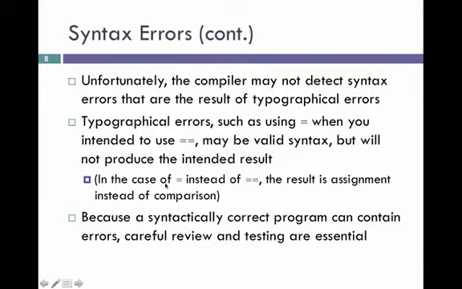So in the case of if you use an equals instead of the comparison, then you'll just make an assignment statement, and perhaps that'll evaluate to true, and the compiler will accept it and do what you told it. It doesn't know what you meant. So a program can be syntactically correct, but still have errors. So careful review and testing are essential. So just because a program compiles doesn't mean it's correct.